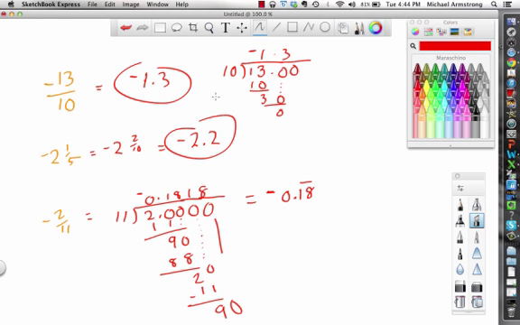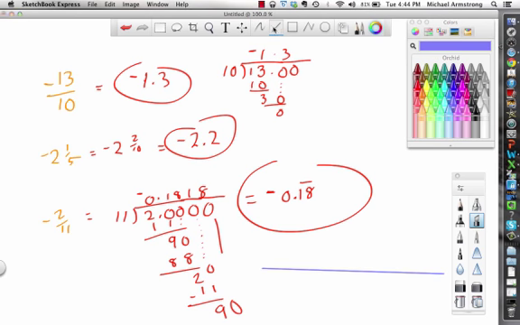Once we get these three numbers, then we can put them in order on a number line. And let's change the color for our number line. We have negative 1.3, negative 2.2, and so we have kind of a 0 here. Maybe there's a 1 over here, and a negative 1, and a negative 2, and that goes forever in every direction. Okay, so this one is about right here.